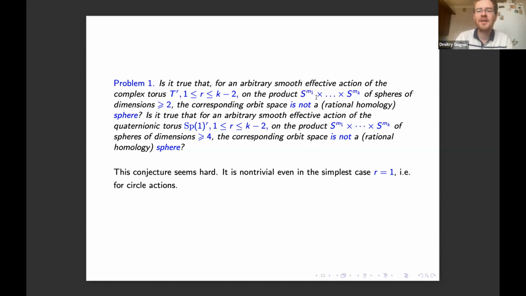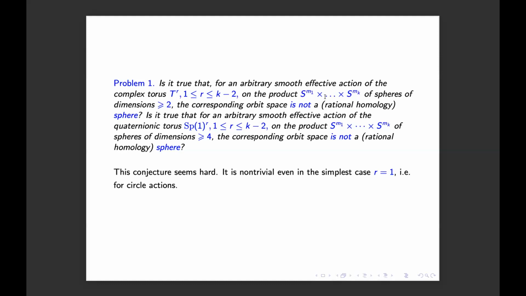Yes, some coordinate subtorus, let's say. It can be an arbitrary subtorus in the torus T to the power M, where M is the number of faces of the polytope, the product of simplices. So you can compute what it is.